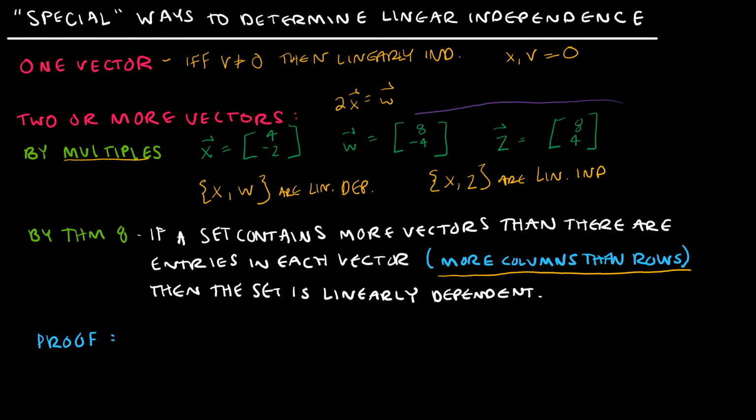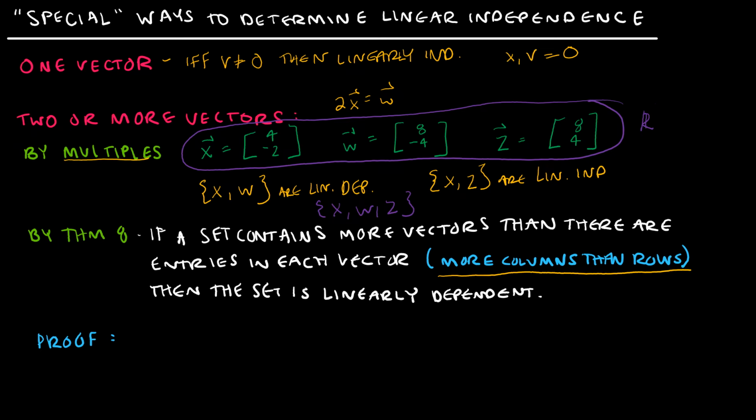If I have all 3 of these, x, w, z is in R2 because obviously there are 2 entries. But if I write this all together, 4, -2, 8, -4, 8, 4, I've got 3 columns, 2 rows. Then these are dependent.